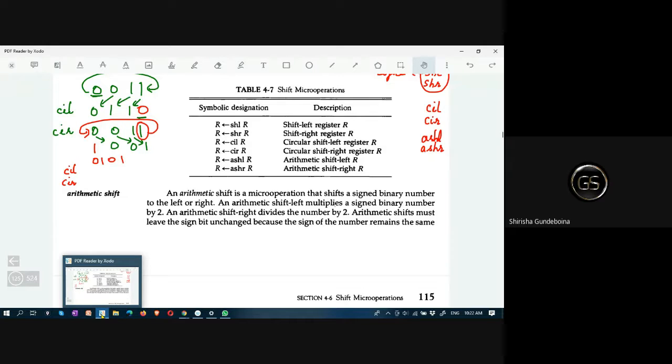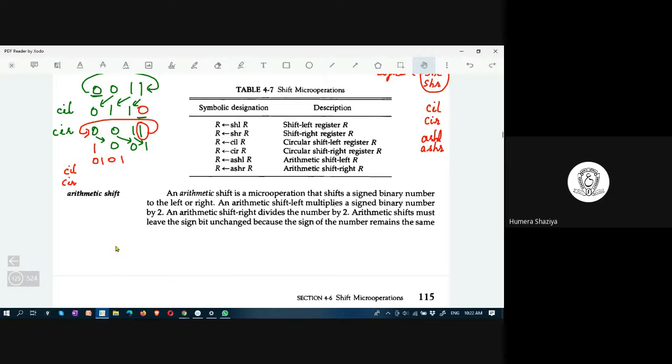One zero one zero, ma'am. Circular left shift 1010. And right also 1010. Right, yes. In left, what is happening?